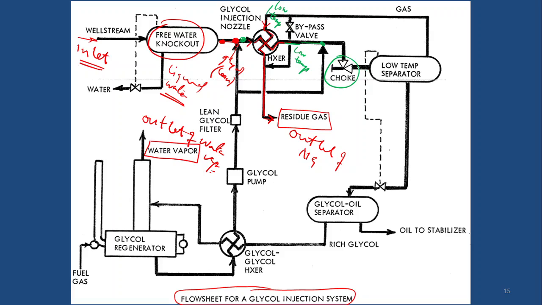At this very low temperature, the liquid present in the vapor phase will be converted into the liquid phase. That is called the low temperature separator. So here the glycol with water, because glycol absorbs the water, is separated, and this is the natural gas.